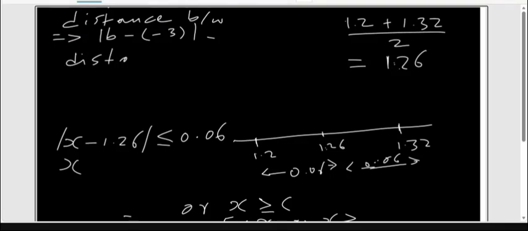That is, the distance between x and 1.26 is less than or equal to 0.06, so 1.26 minus 0.06 is less than or equal to x, which is less than or equal to 1.26 plus 0.06.